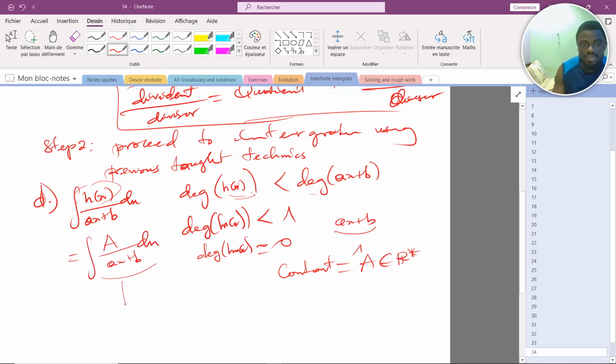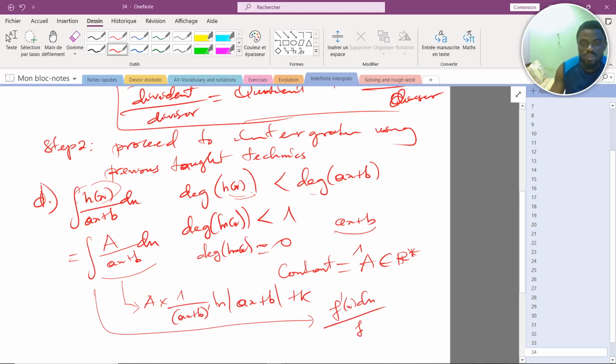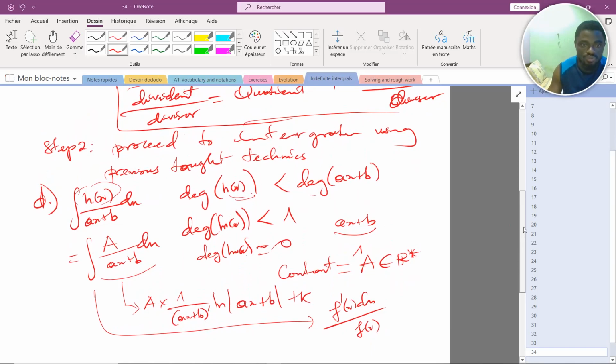We can either integrate it using its formula, which will be a times 1 over a, that is, the derivative of ax plus b, times ln of the absolute value of ax plus b, plus a constant of integration. Or we can integrate it using this approach, the integral of f prime of x over f of x dx, all over f of x. Is that okay? So that's how you proceed.